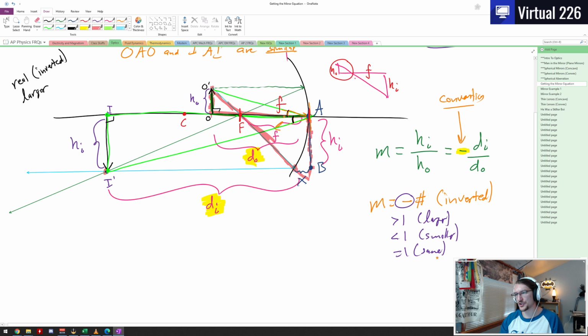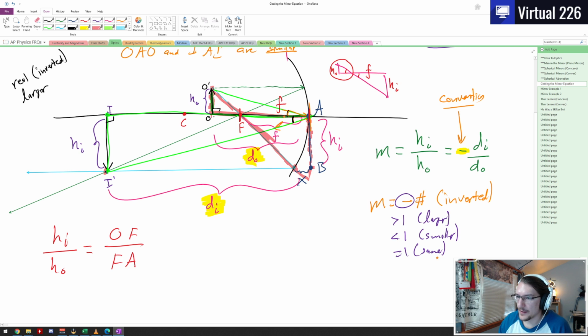So these triangles here in red are similar triangles. And what we can get out of this is that HI over HO, the height of the image and the height of the object, can be equal to the distance between the object and the focal point and the line from the focal point to A.